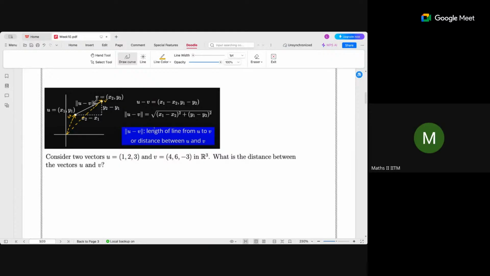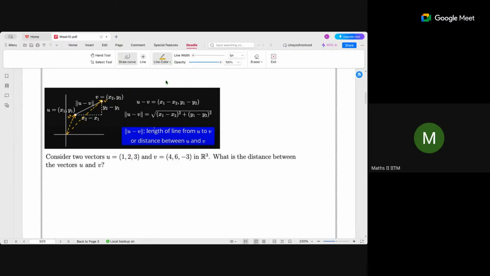Now you want to calculate the distance between u and v. How did we calculate norm u minus v? The distance between x coordinates is x2 minus x1 and the distance between y coordinates is y2 minus y1. So now how to calculate the norm between these two vectors? It is square root of x1 minus x2 whole square plus y1 minus y2 whole square.